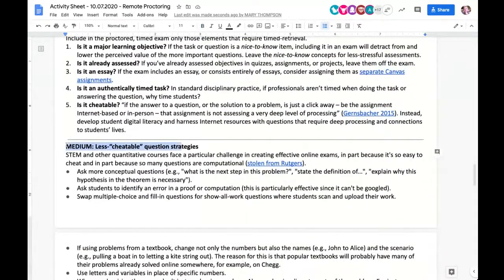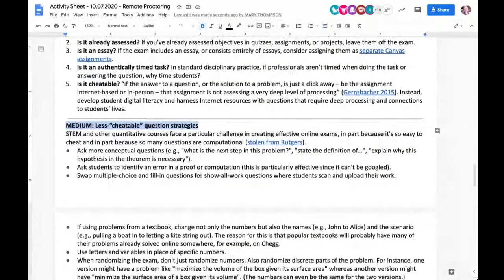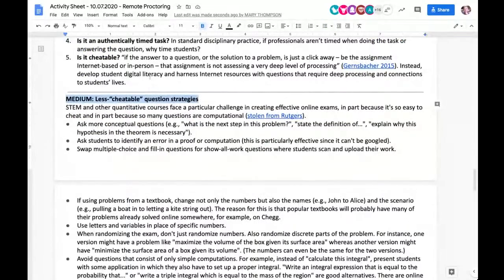We've got a section on writing less cheatable strategies, right? So if one of your questions, and this is actually right here, if the question or answer to a question is just a click away, which is to say the students can very quickly look it up on the internet, which is fantastic, we do it all the time, then maybe that assessment isn't what needs to happen there, right?